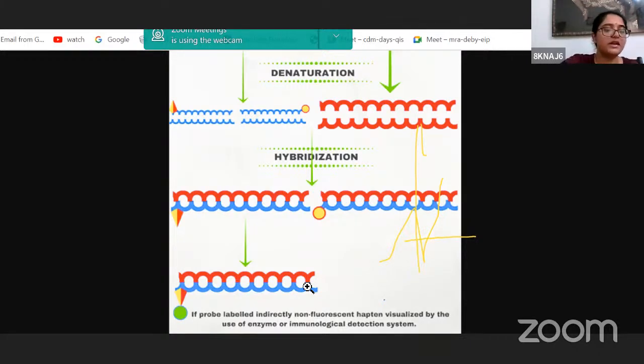This helps to see if there is any chromosomal aberration, such as a translocation, deletion or addition, which can be seen with this probe.